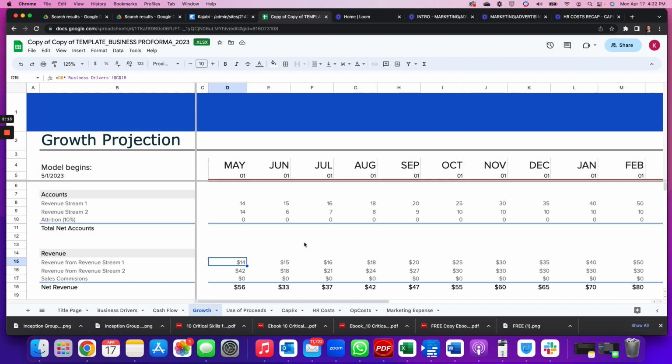If we click on that cell, you'll see in the formula section we have D8, 14 units from revenue stream 1.